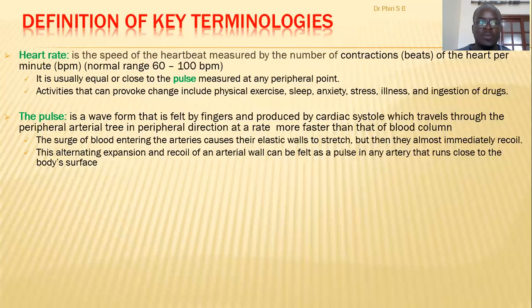The surge of blood entering the arteries causes their elastic walls to stretch, but then they almost immediately recoil. So this alternating expansion and recoil of the arterial wall can be felt as a pulse at any point that runs closer to the body surface.